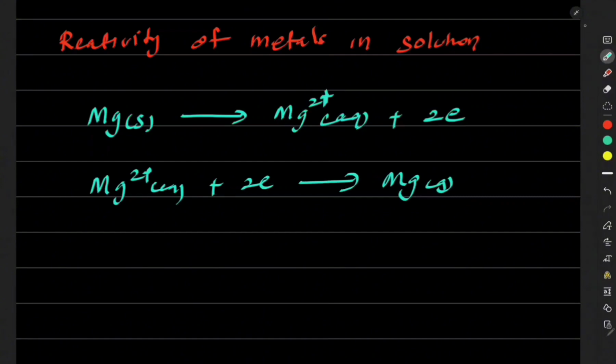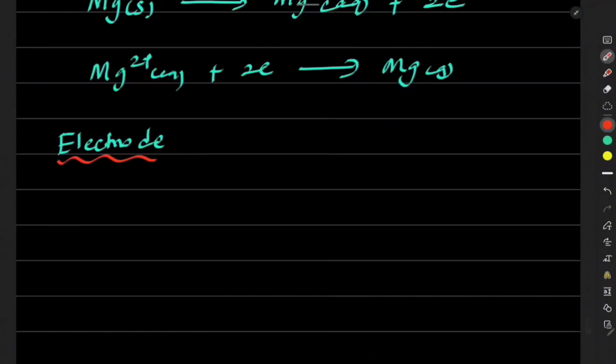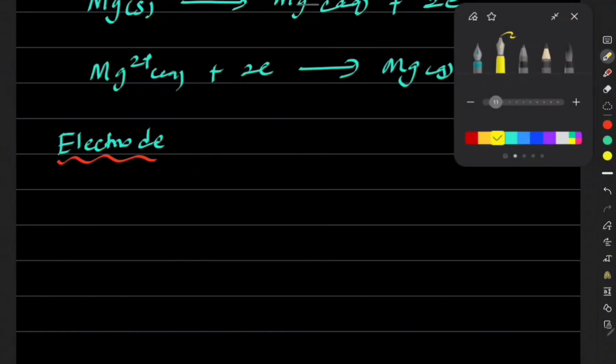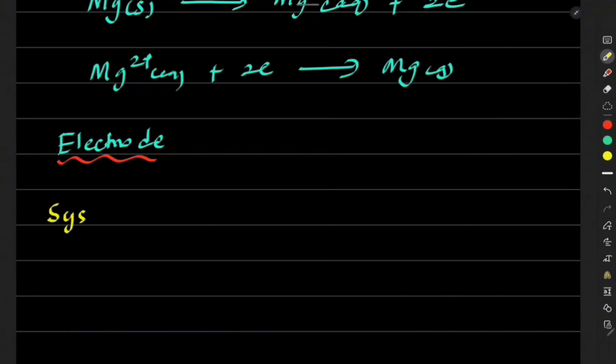In our syllabus there are 4 types of electrodes. This electrode means a system where a metal is in dynamic equilibrium with its ions.